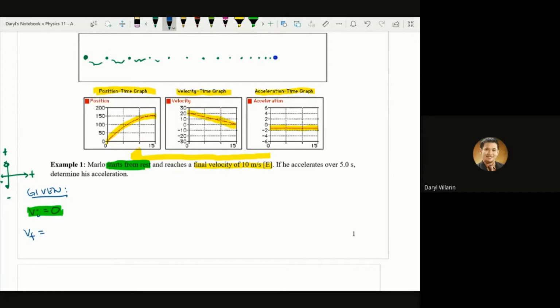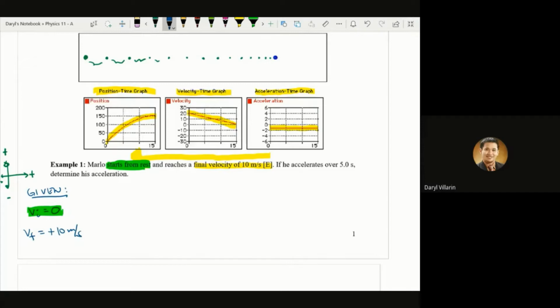And remember that when we do computation, it's much easier to compute if we interpret the direction in terms of positive or negative sign based on the coordinate system that we use. So instead of just placing 10 meters per second east there, I will place positive 10 meters per second.